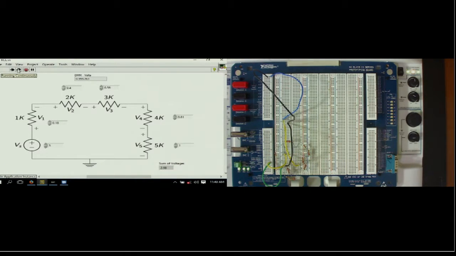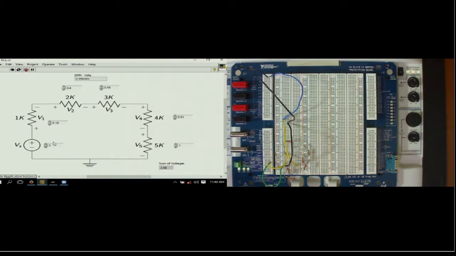Now we are going to apply dynamic voltages to the entire circuit by using the LabVIEW front panel, as I am showing with the cursor.